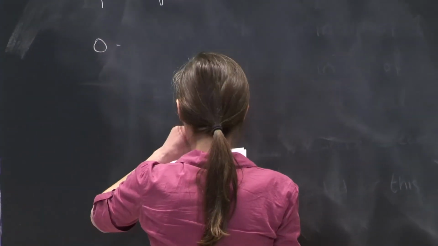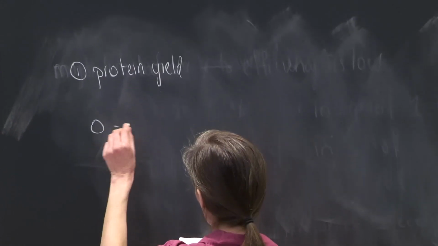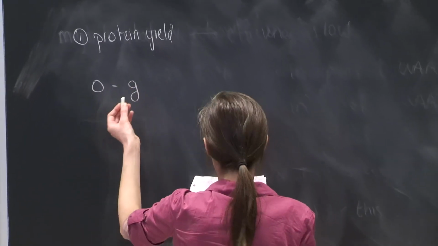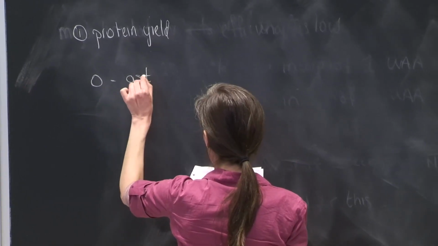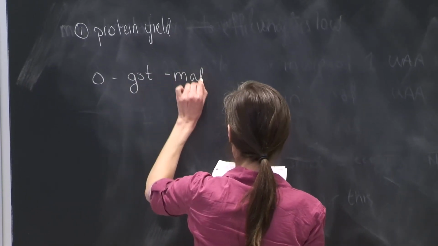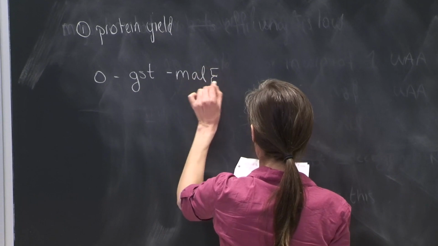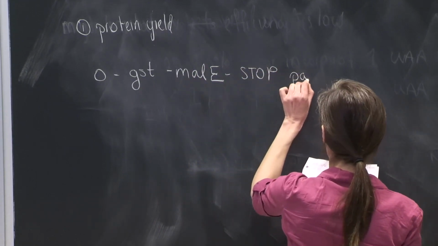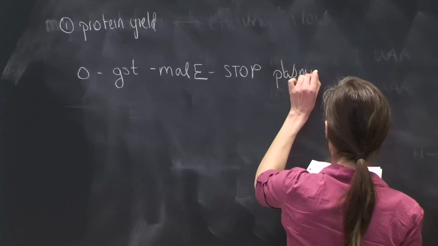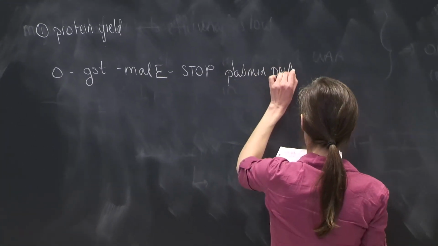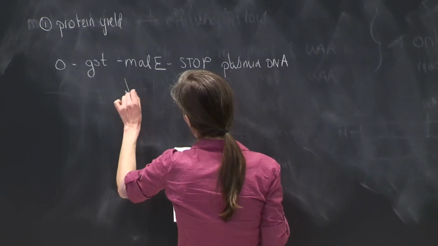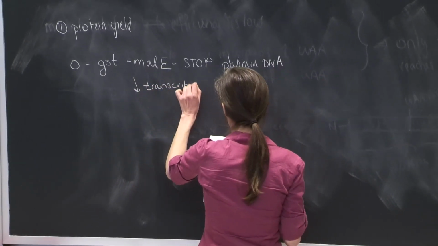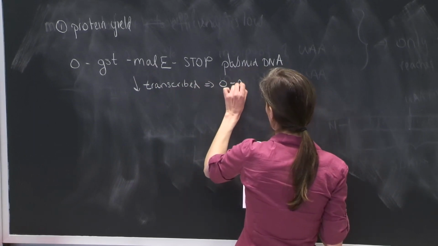So what they did is an experiment where they made a plasmid. So we have an orthogonal DNA that will give orthogonal mRNA. Okay, so this gets transcribed to give the orthogonal mRNA.